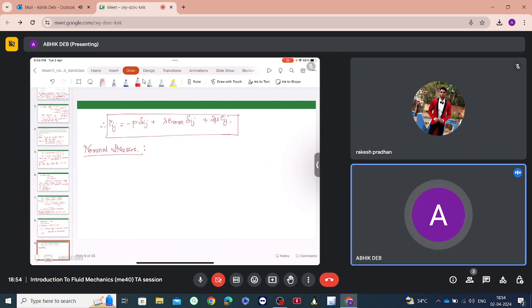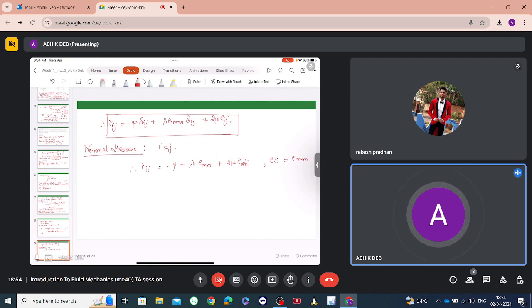For the normal stresses, i is equal to j. So if we put i equal to j, tau ii is equal to minus p plus lambda emm plus twice mu eii. And eii and emm are the same things, right?